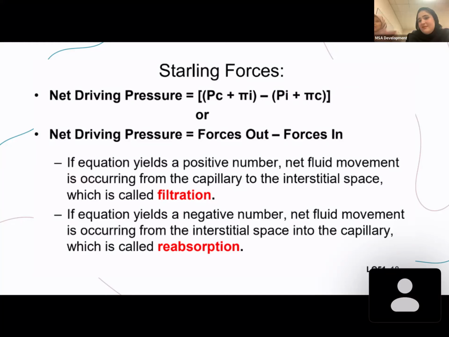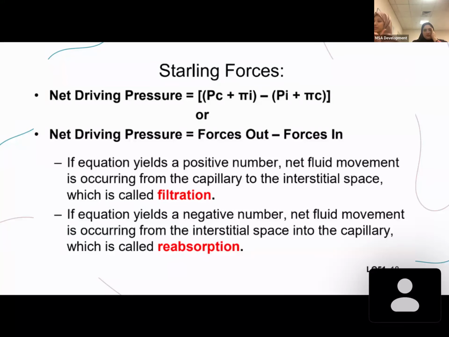You have forces that push blood outside and forces that keep it in. The forces out are the blood hydrostatic pressure and the interstitial proteins in the interstitium, which drag fluid out of the blood. Minus the forces in, which are the fluid in the interstitium with the plasma proteins that drag water back inside the blood vessel.